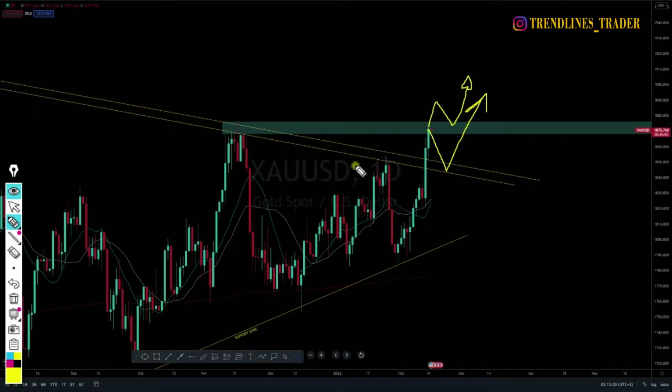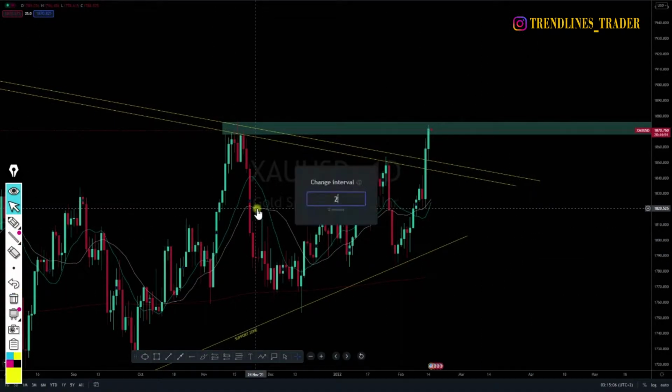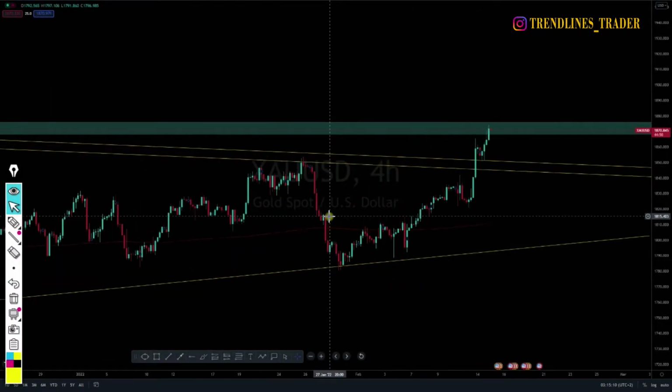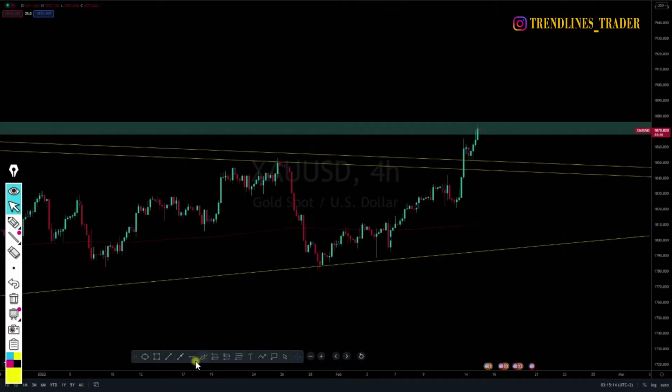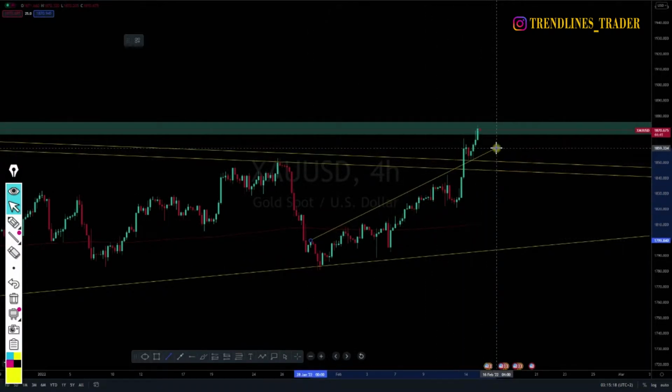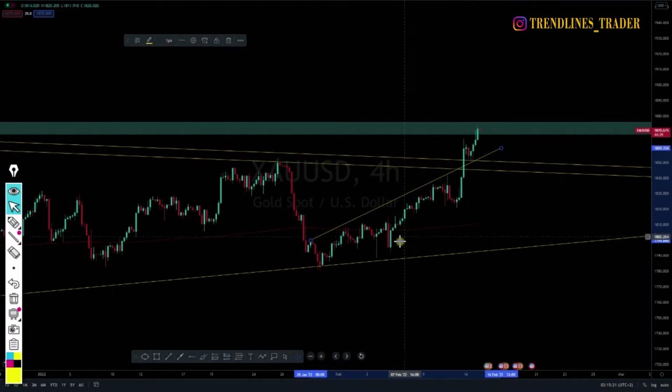Let's move closer to the lower time frame so that we can have a clear idea where the price is heading. Ladies and gentlemen, we can see the price gave us a very nice structure for us to trade. This is what we had yesterday.